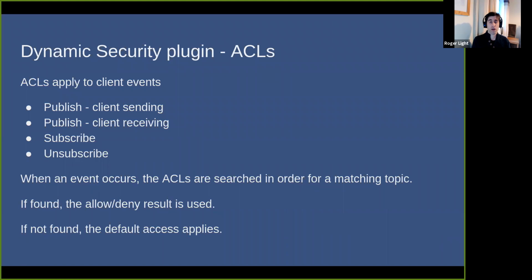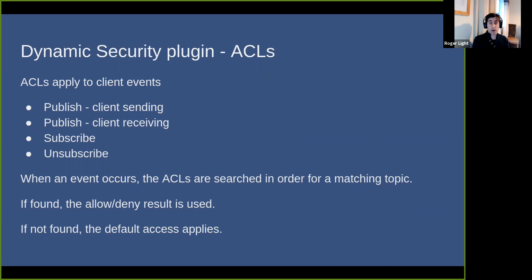But you could imagine using a fairly broad subscribe ACL so that a client can subscribe to a wide range of topics, but then it isn't allowed access to a few of those topics within that tree, at which point you could deny access through this publish client receiving ACL type. And that is then going to be a lot easier for you to manage than having to define half a dozen or a dozen different subscribe ACL types.